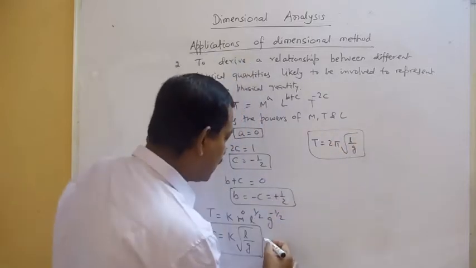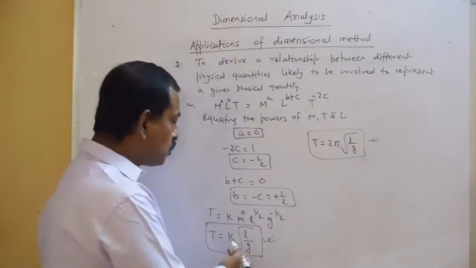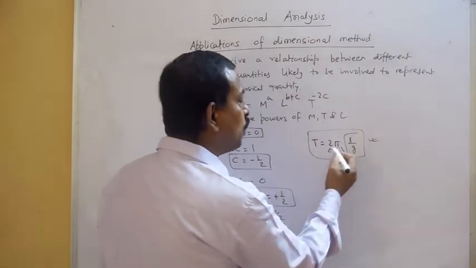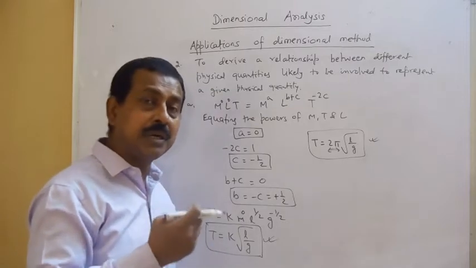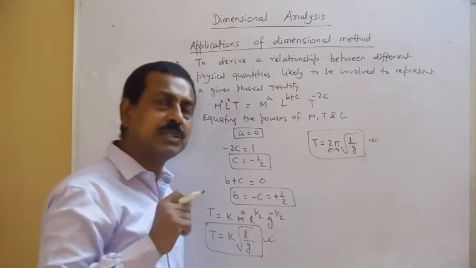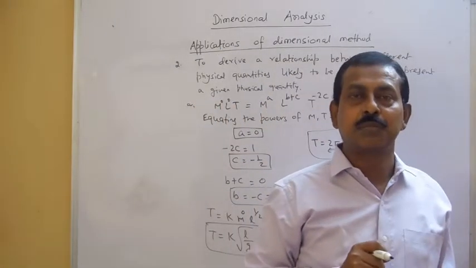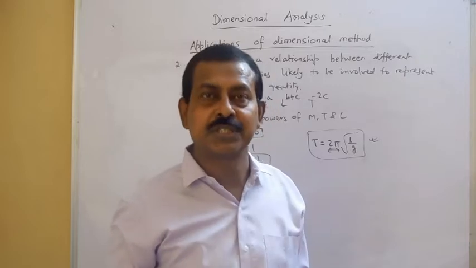So this is exactly the same in this case. In place of this K, it is 2 pi, and this value we obtained experimentally, not by the dimensional method. You will not be able to get this value of K. This is one of the limitations of the dimensional method, because it will not give you the value of the dimensionless constant here.